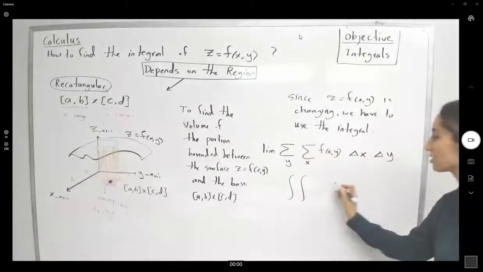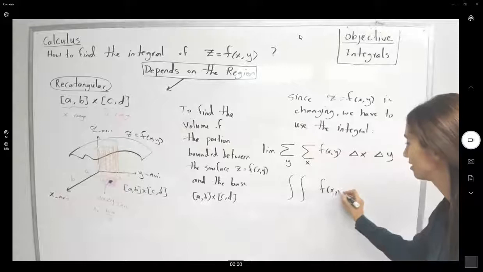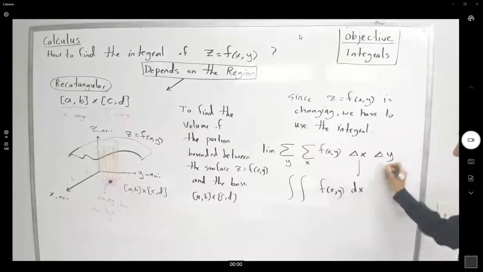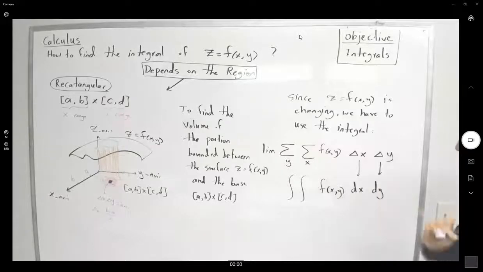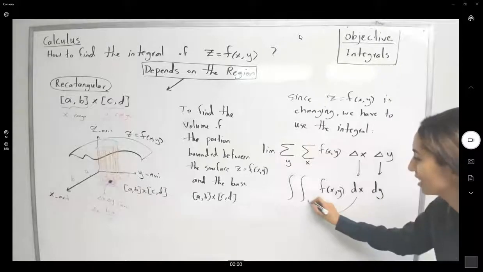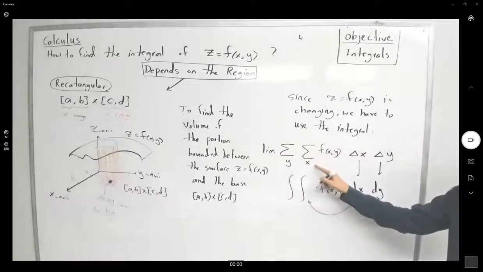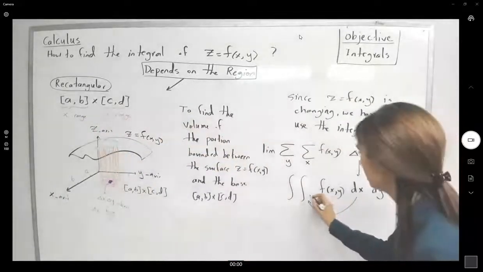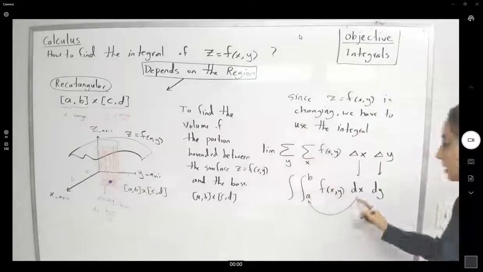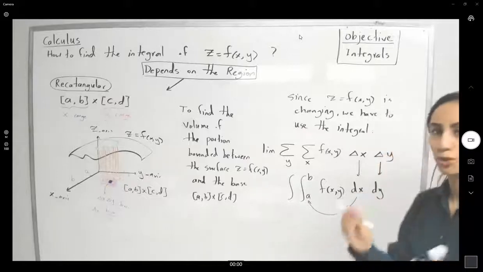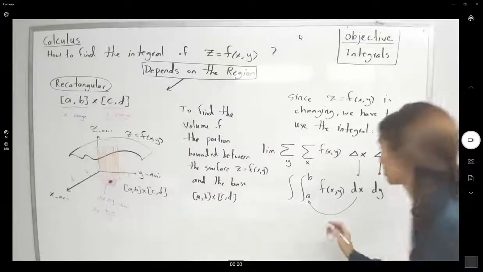The double integral of the function, and delta x becomes dx, delta y becomes dy. Well, delta x is related to x, the change in x values. Well, x is bounded between a and b. This is your inner integral, which has to be calculated first.